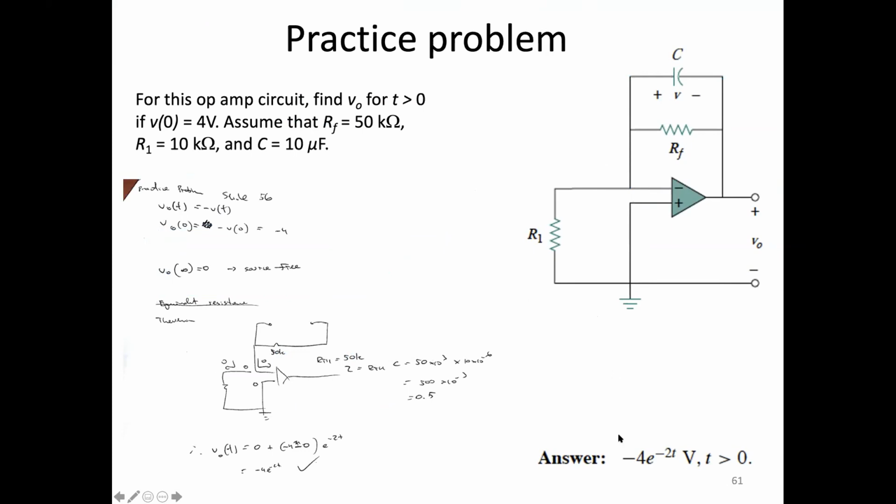The final answer, which we just derived previously, is that V naught is equal to minus 4 times e to the minus 2t. And again, to solve that, we had to solve for the capacitor voltage and noted that the output voltage here is equal to minus the capacitor voltage.